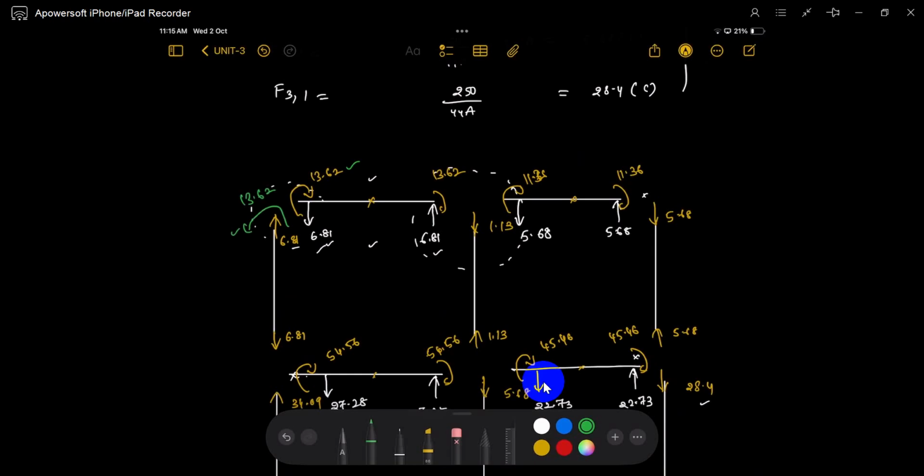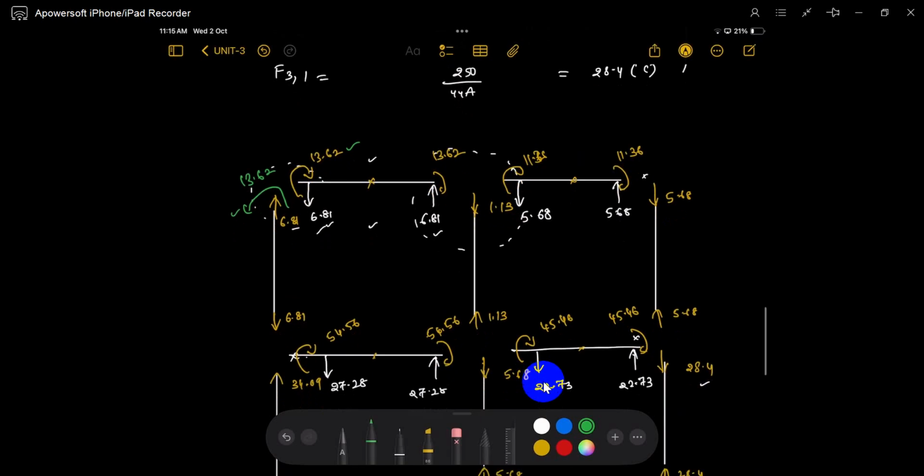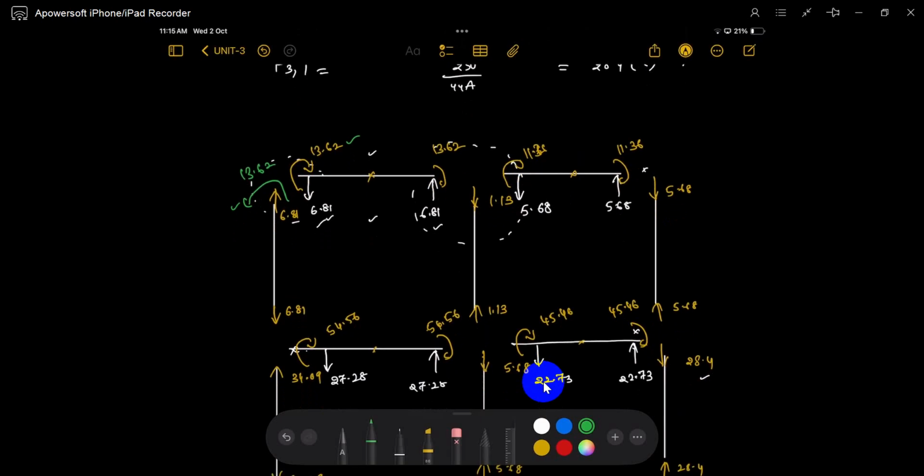We assume the point of contraflexure at the center of the column also, so at both ends we get the same bending moment in the same direction. Here also we get 13.62. We assume the point of contraflexure at the center of beam and column in the portal frame method and the cantilever method also.